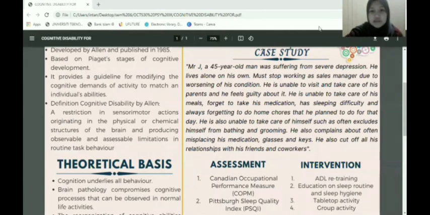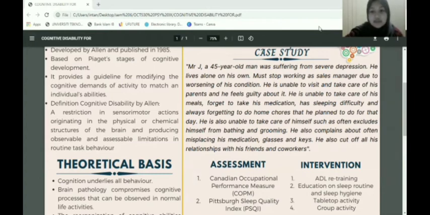Okay, so I will continue with the application for this FOR. We include a case study for this FOR, which is about Mr. J, a 45-year-old man suffering from severe depression. He lives alone and must stop working as a sales manager due to the worsening of his condition. He is unable to visit and take care of his parents, and he feels guilty about it.